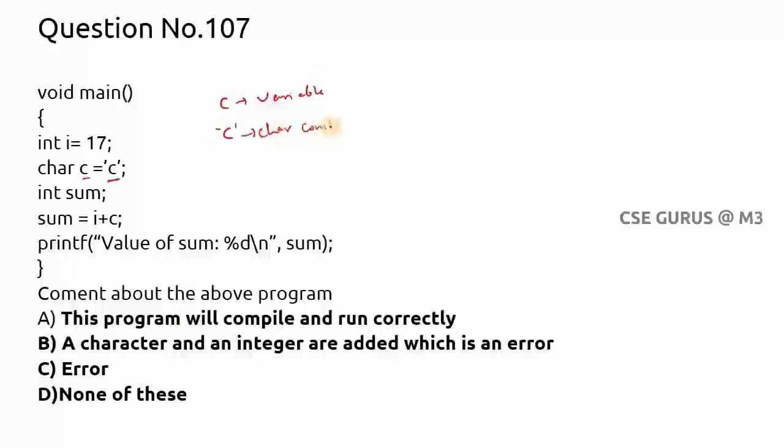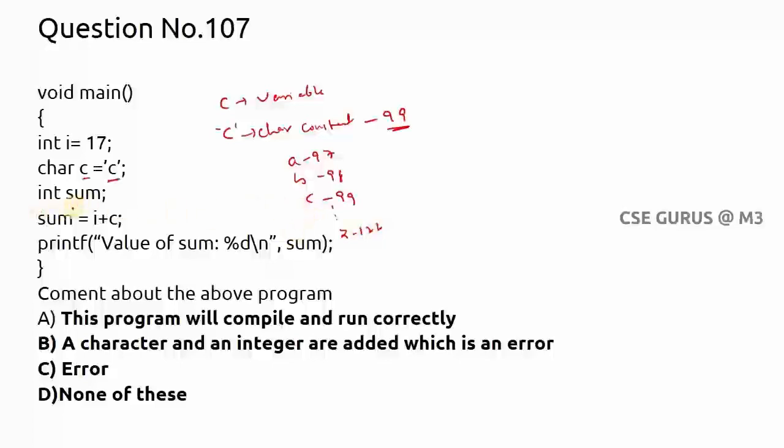So what is the value of this character C? It is a lowercase c, that's why the ASCII value is 99. So it will take the value as 99. ASCII value for lowercase starts from 97, for B it is 98, and for C it is 99. Like this it will take. For Z it is 122.